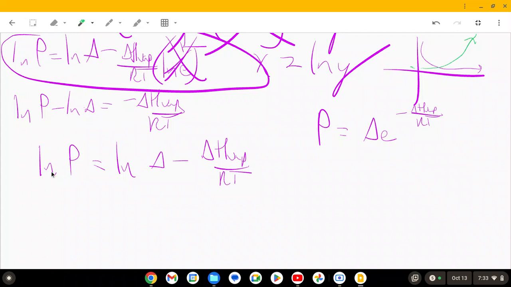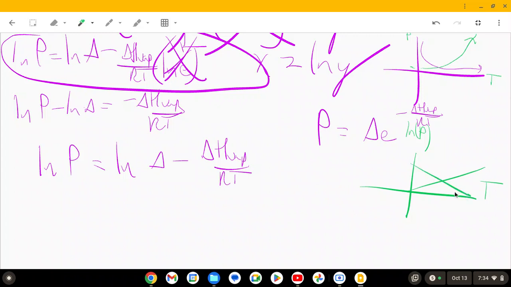But this one here, if this is your pressure axis and this is your temperature axis, pressure, temperature, natural log of pressure, ln pressure, the natural log of pressure is going to look more linear, or maybe it might be down.